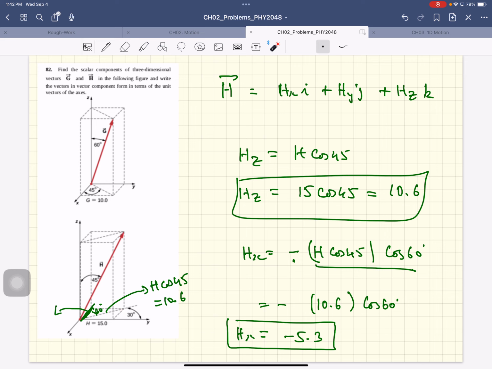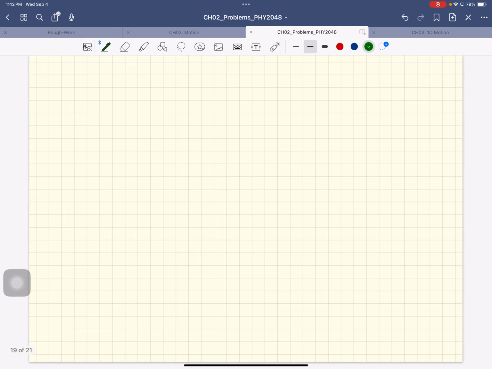And that's in the positive y direction, so hy is h cosine 45 times cosine 30.